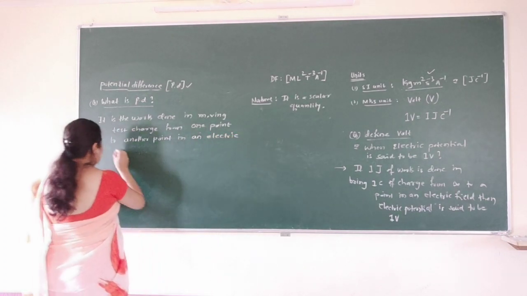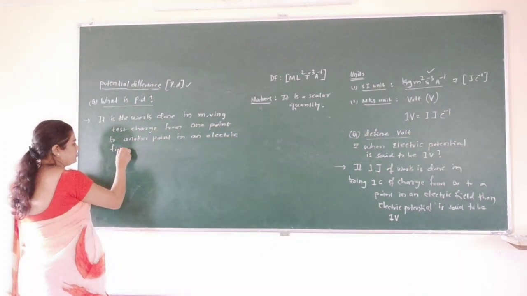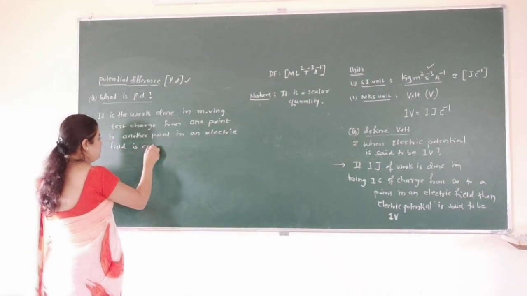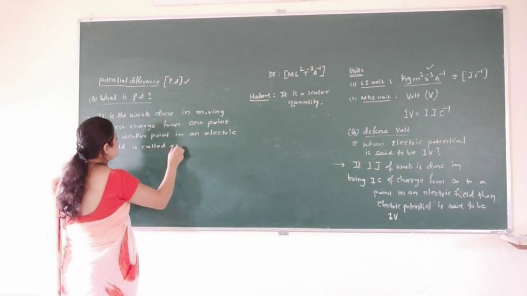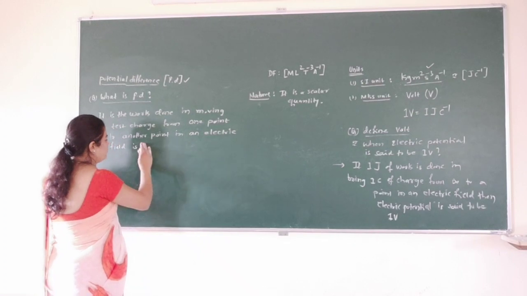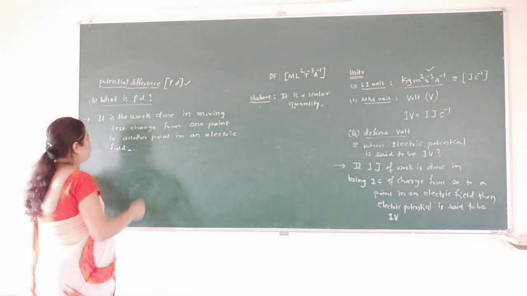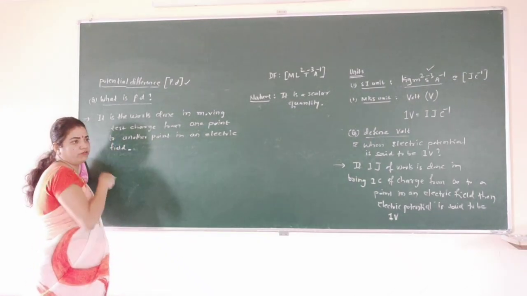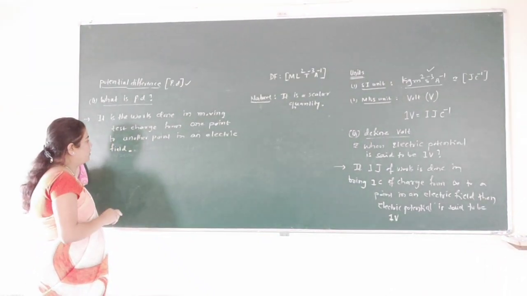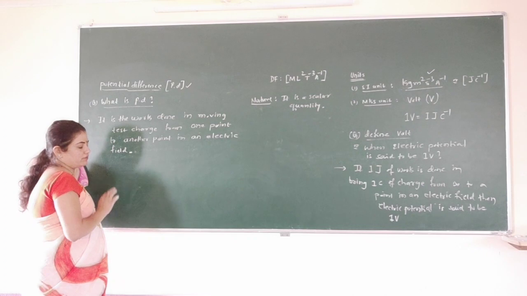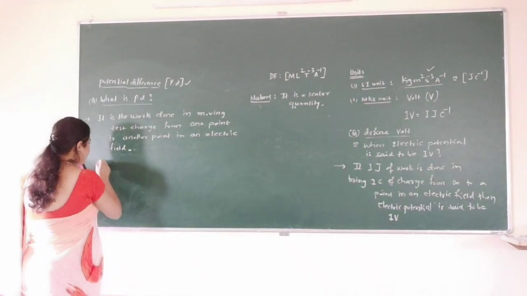It is called as potential difference. Okay. Symbol again V only.